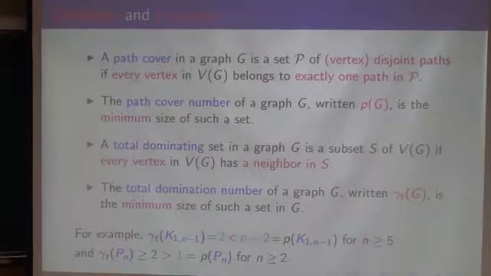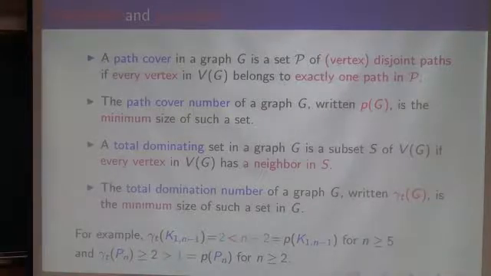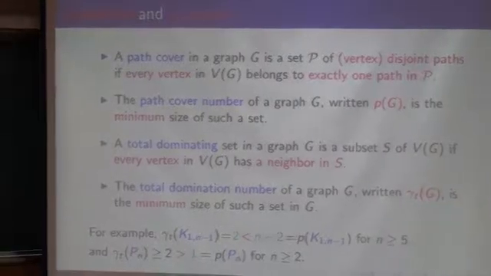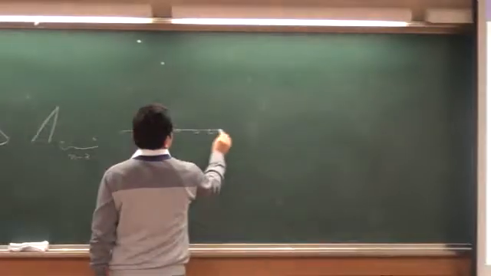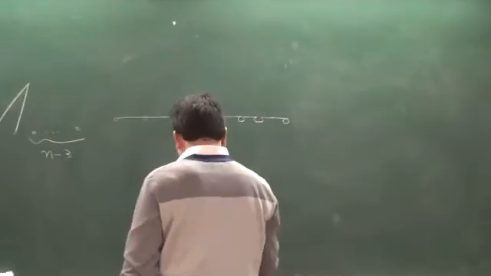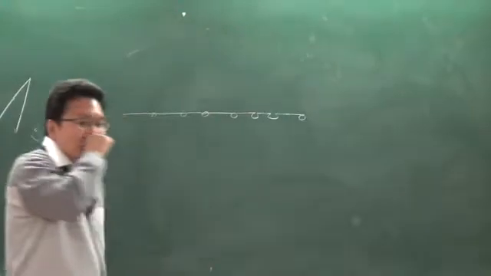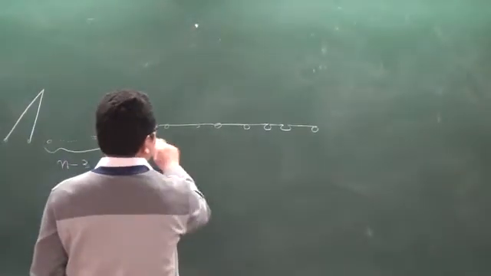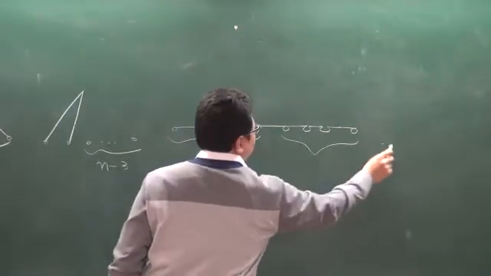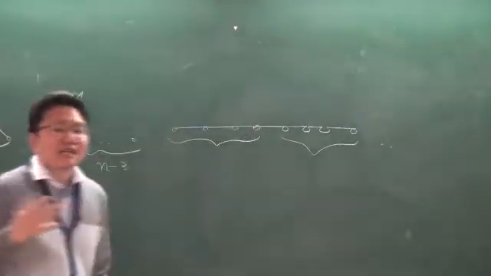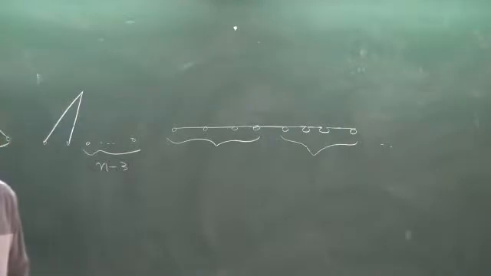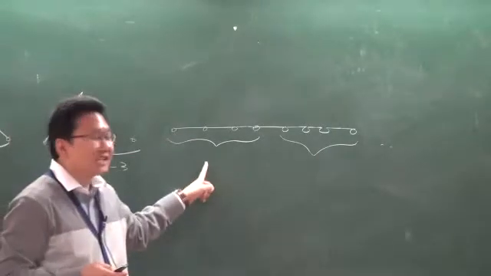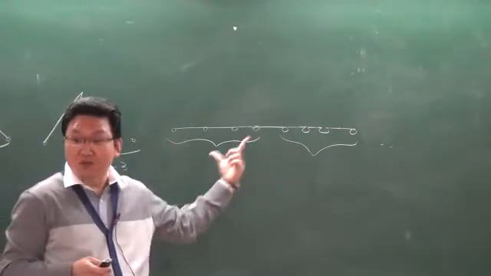So for example, when n is a multiple of 4, say n is equal to 4k, you can partition the vertex set into k disjoint paths with 4 vertices.